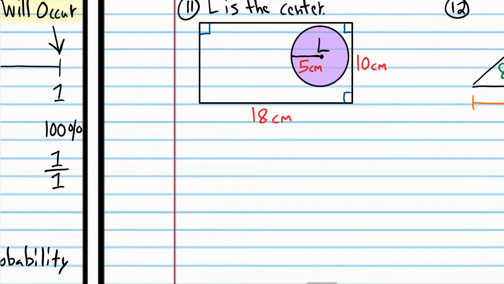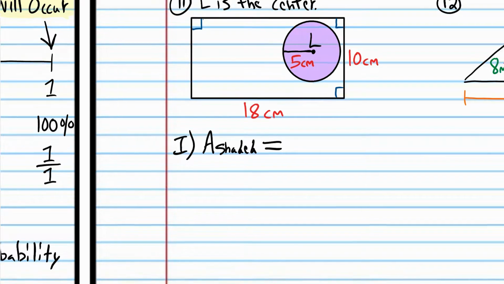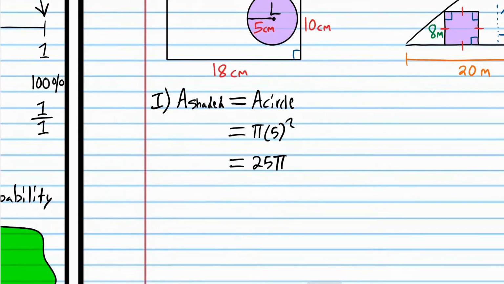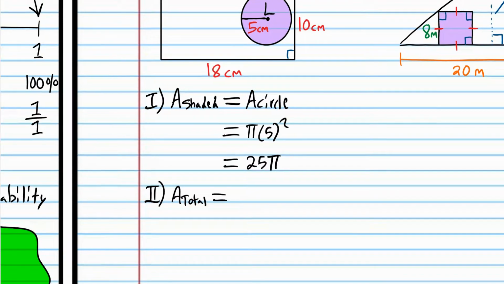So first thing we're going to do is find the area of the shaded region. That's going to be equal to the area of the circle, which is equal to pi r squared, which is equal to 25 pi. Then the second step is to find the total area of the whole figure.